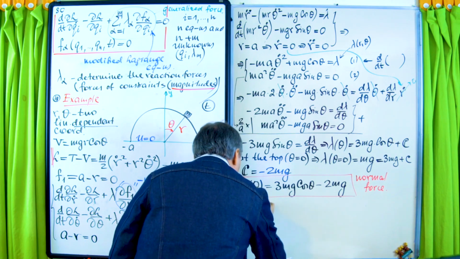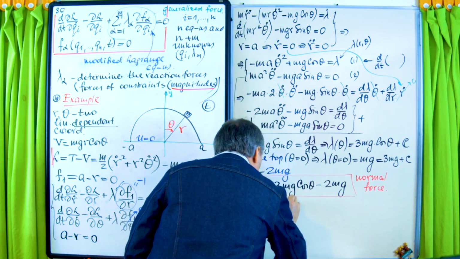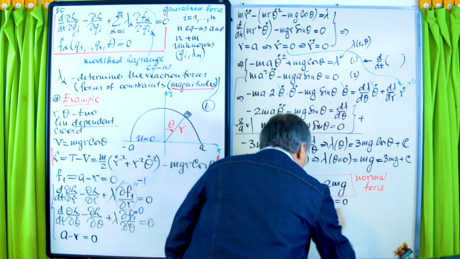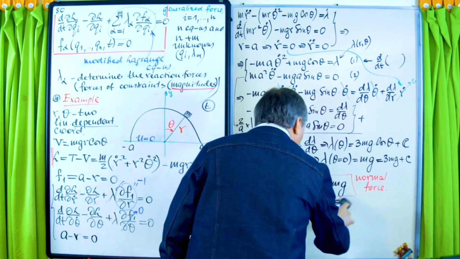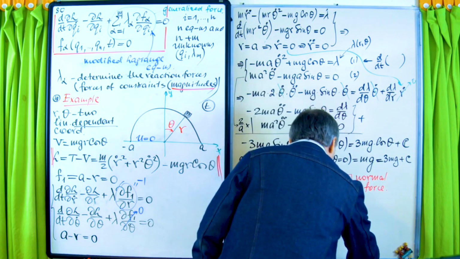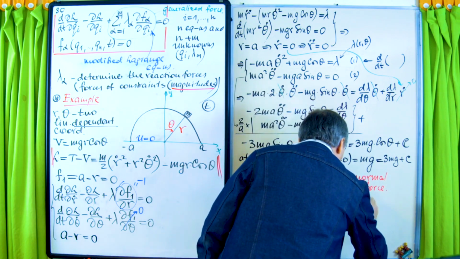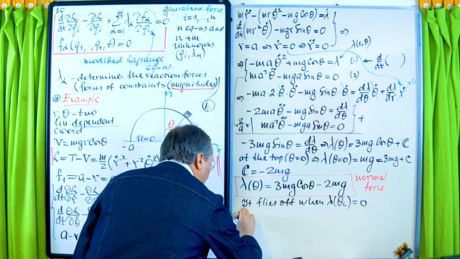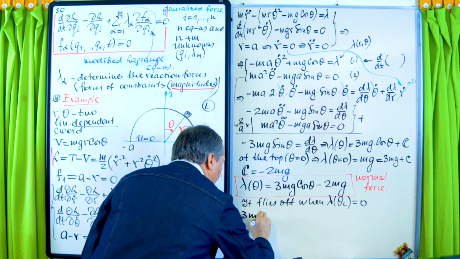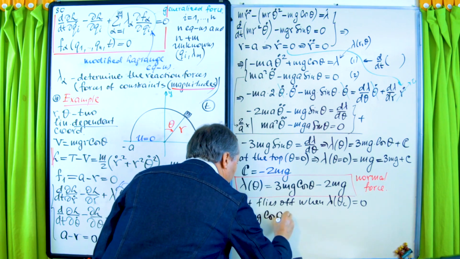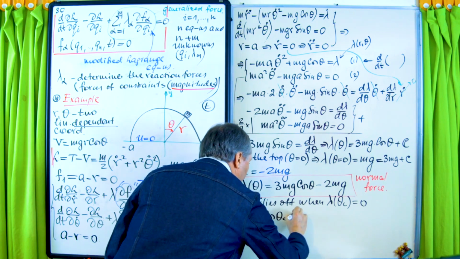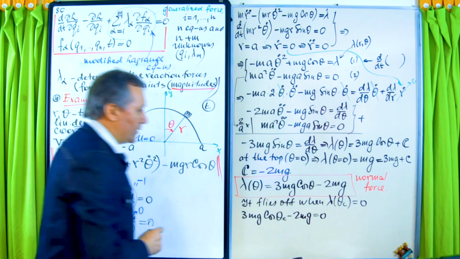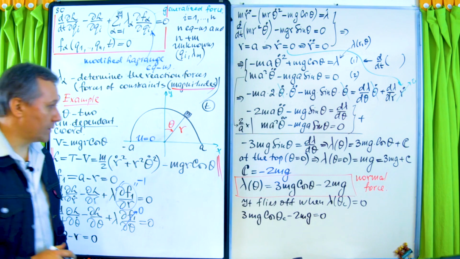So it flies off when lambda equals 0. Let's say theta critical, theta sub c. So it will be 3 mg cosine theta critical minus 2 mg equals 0.